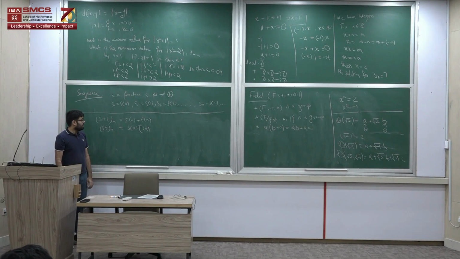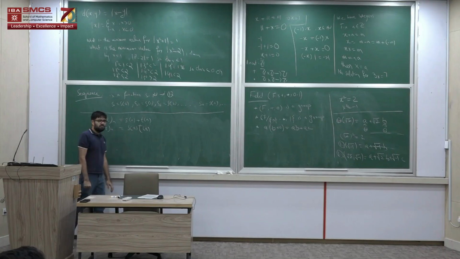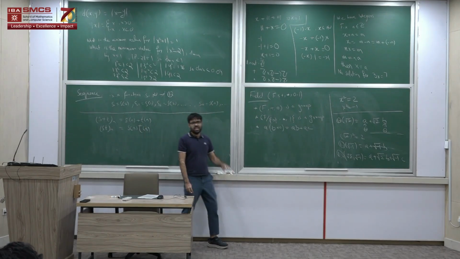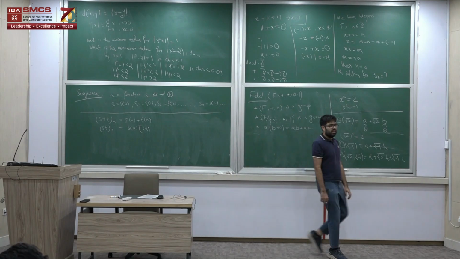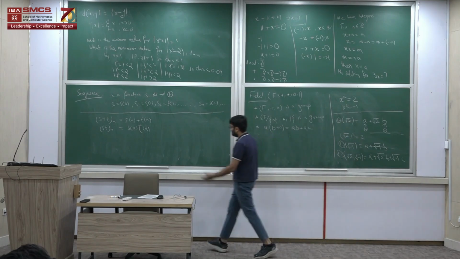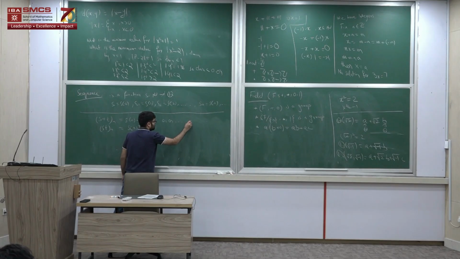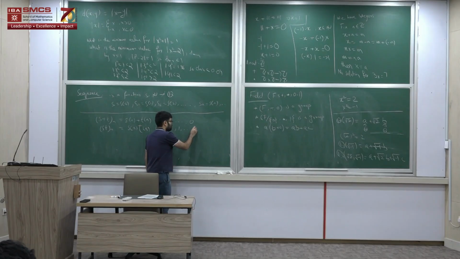Since both addition and multiplication are associative and commutative, and multiplication distributes over addition, we see that we will get the structure of a ring, right? And there is a 0 sequence, which is just 0 0 0, and there is a 1 sequence, which is just 1 1 1.